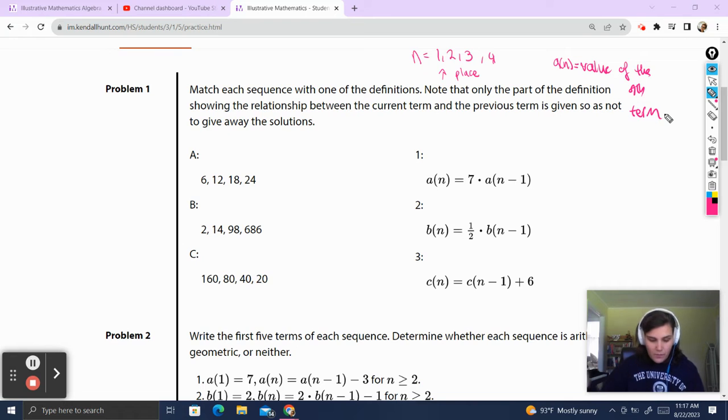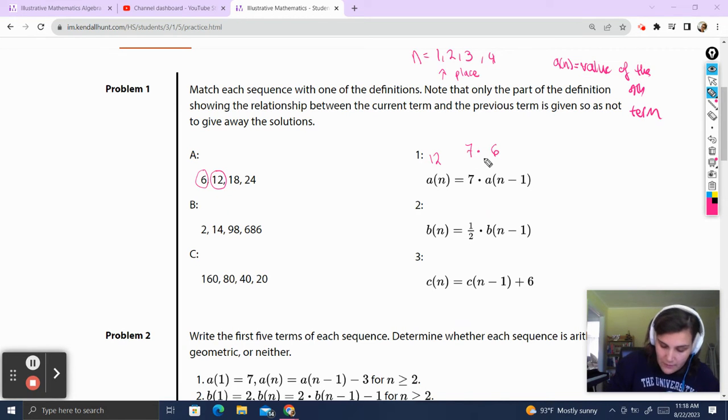So let's look at this right here, if we're going to play a little bit of match. So I have a 6 and I have a 12. So a of n, let's call this 12, is going to be equal to 7 times a of n minus 1, which just means the term that comes before the 12, which equals 6.